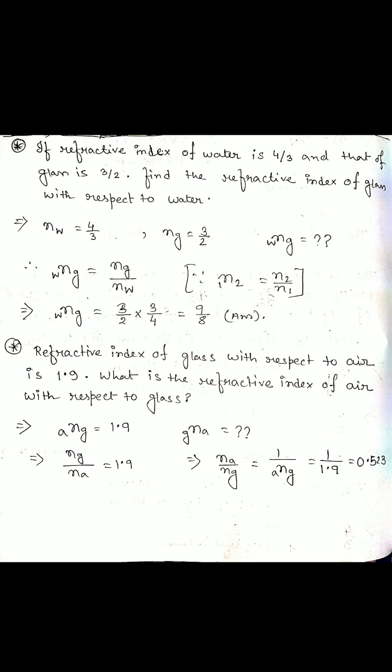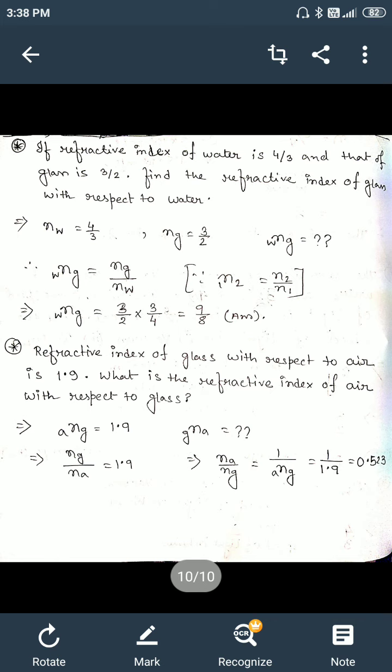Second numerical, refractive index of glass with respect to air. Here it is given that AnG, the refractive index of glass with respect to air, that means nG by nA, is equal to 1.9. We have to find the refractive index of air with respect to glass, that means nA by nG.